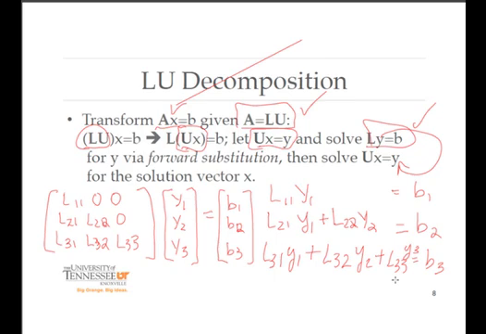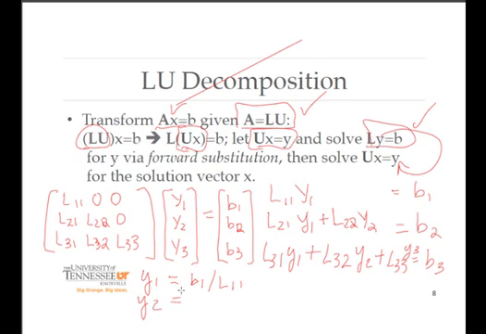Okay. So let's represent what that would look like. What we said earlier is that you could immediately get Y1 by dividing through by L11, so Y1 is equal to b1 divided by L11. And then once you had Y1, how would you solve for Y2?